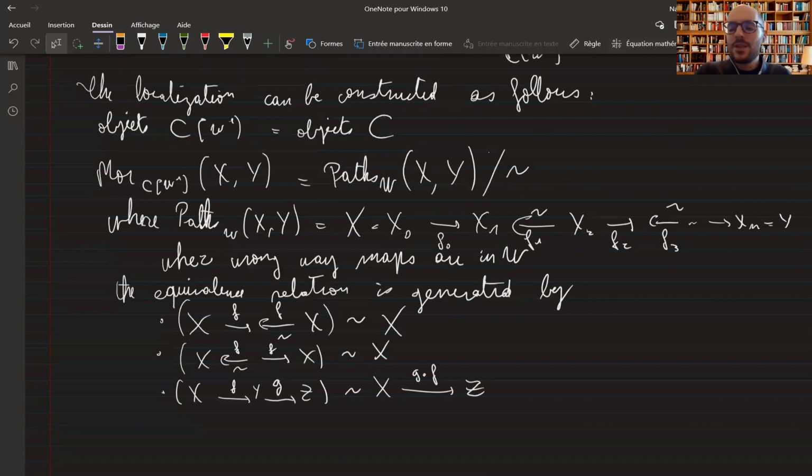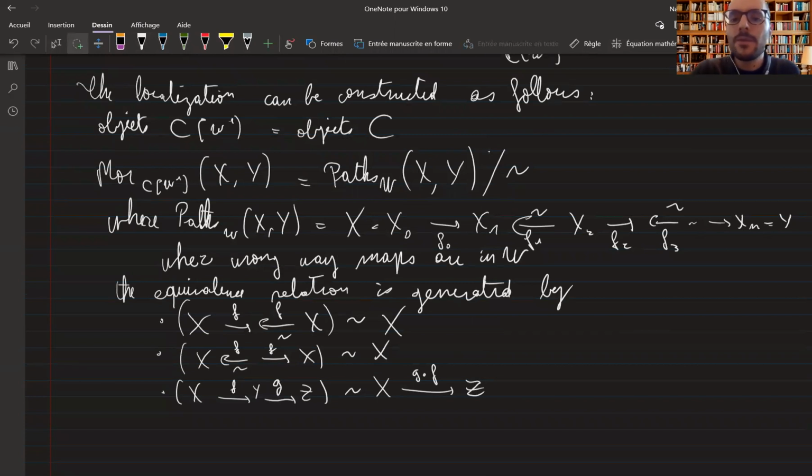There is a slight issue with the size. This set here is actually not a set. It's a class, because there could be as many elements as there are objects in the category.